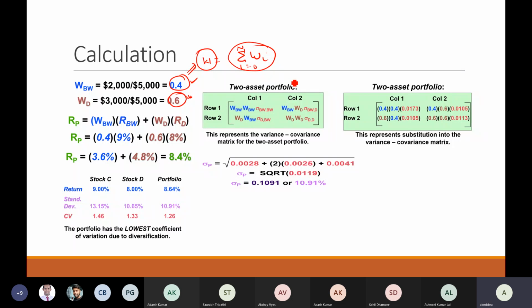You are not going to save any money. Means all the wealth basically is going to be invested in these two assets.